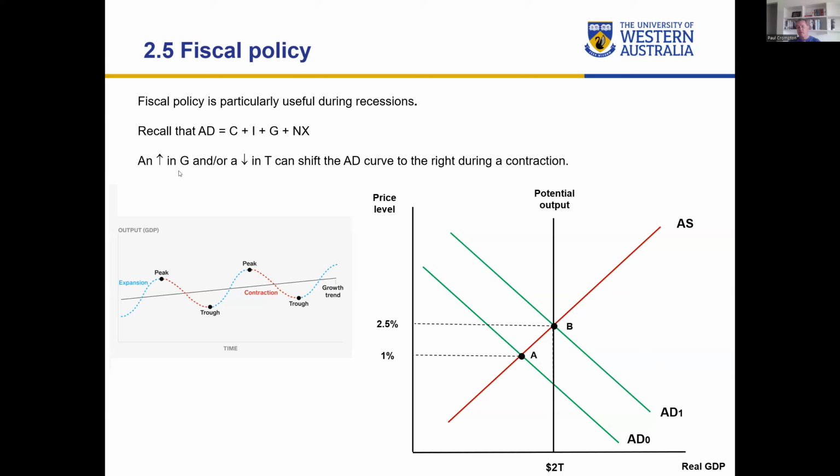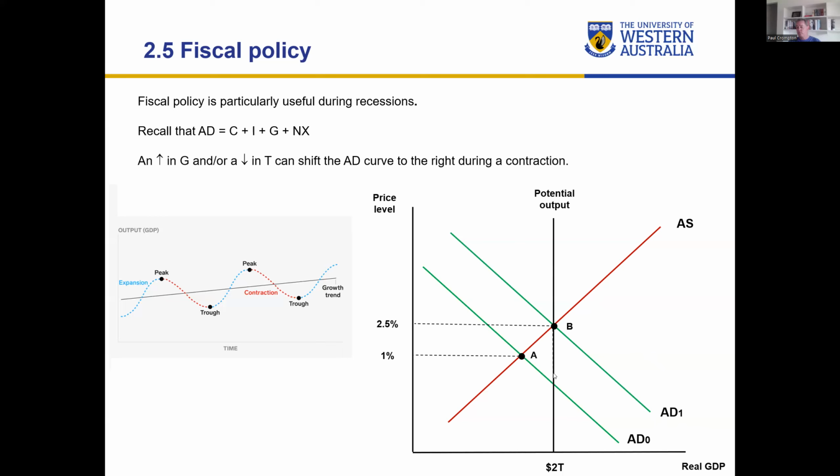Easy. Either increase government spending or reduce taxation. Think about that. If you increase government spending, you're increasing this variable G. You're increasing the value of it from maybe 200 billion to 220 billion. That will shift the aggregate demand curve to the right.